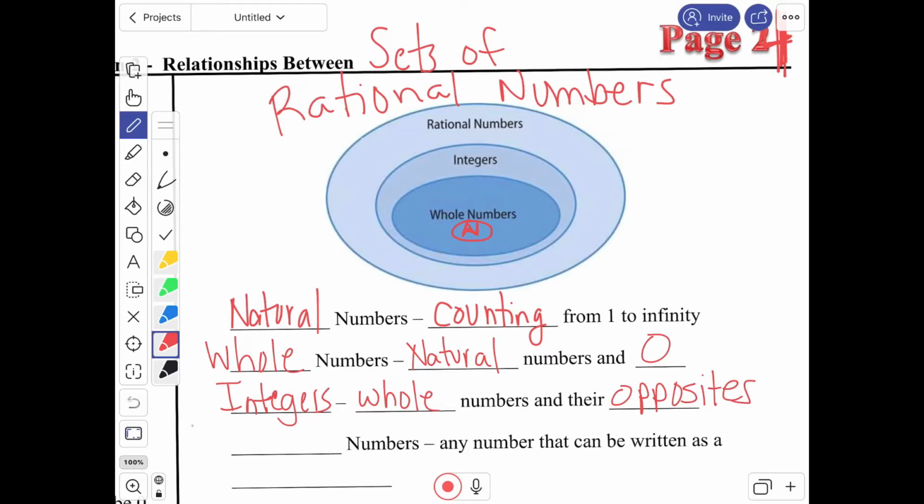And then the big circle is rational numbers. Rational numbers are any numbers that can be written as a fraction, which is just about everything. Because if I had something like 5 and I wanted to change it to a fraction, I could just put a 1 under it, and there it is, a fraction.